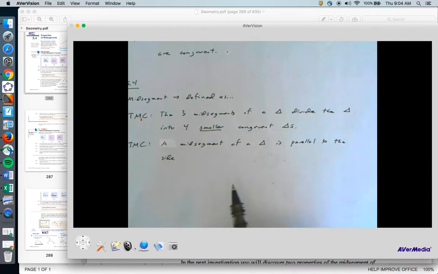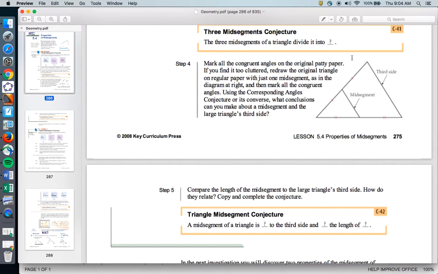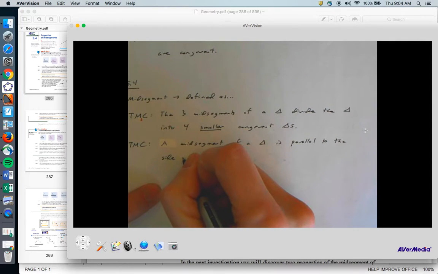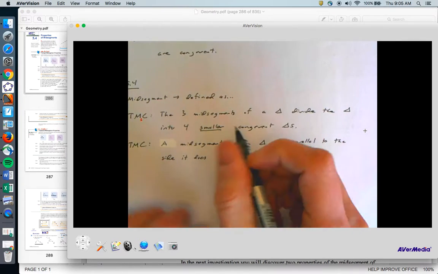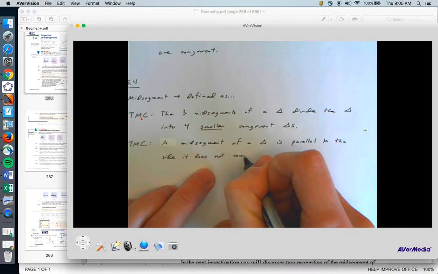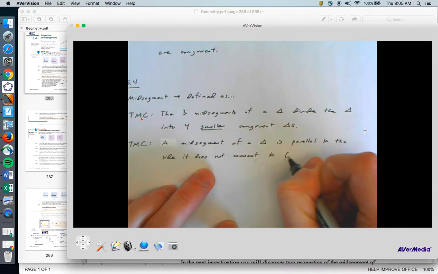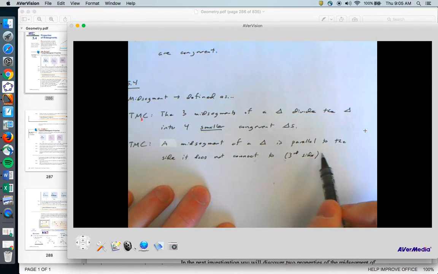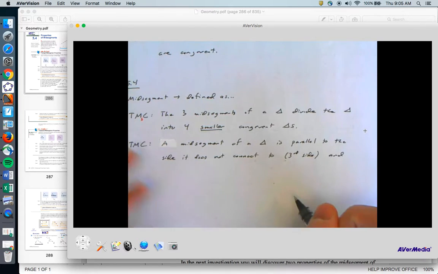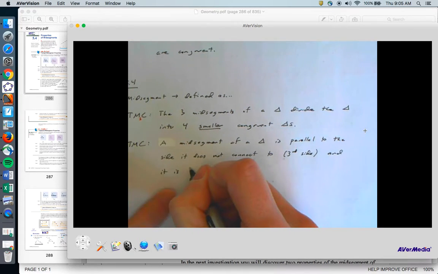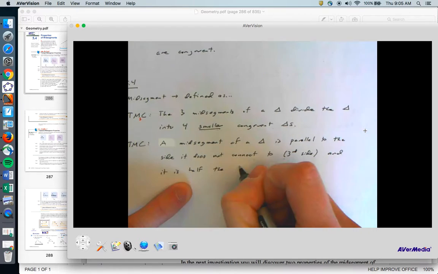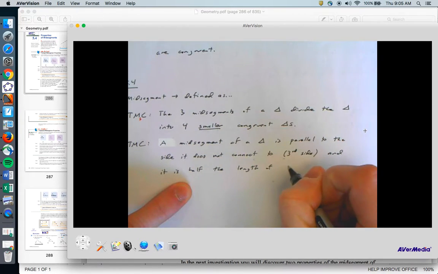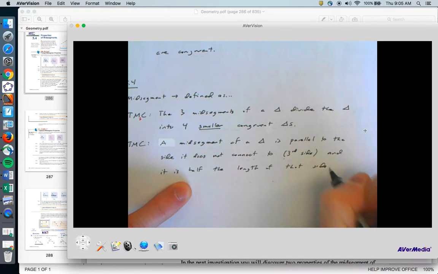I think the book says third side. Yeah, I'm going to say the side it does not connect to, or third side. It's parallel to that side, and it is half the length of that side.